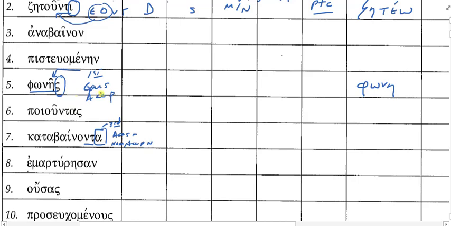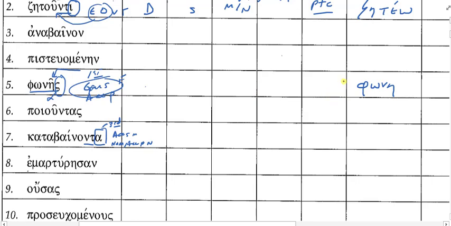Why not accusative plural? That's right. Remember, in first declension, the alphas and the etas that you start with in the singular always become alpha in the plural. Okay? So I would need phonas to have accusative plural feminine. I've got an eta still here, so this must be genitive singular. Okay? And feminine. All right, good. How would you translate that then?